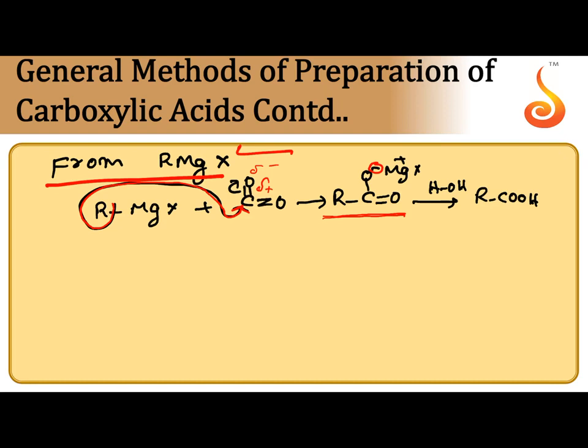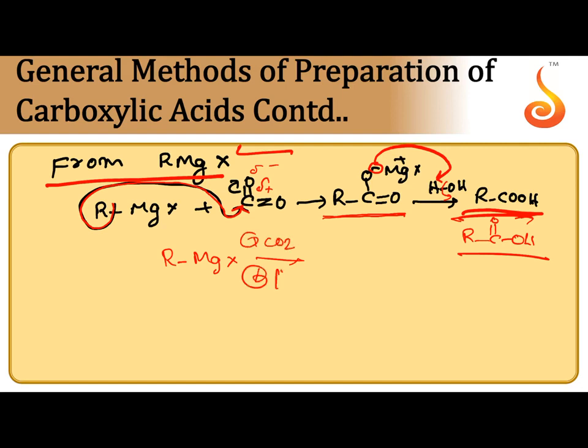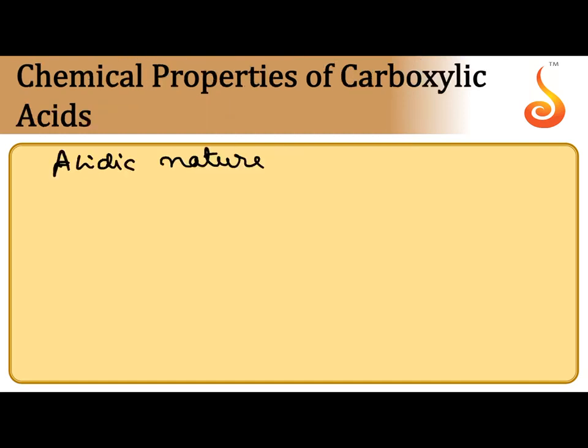Salt like addition product is obtained. That salt like addition product takes H plus in the next step, forming carboxylic acid. So there are two steps. RMgX reacts with CO2 in the first step. Next one, acidification. R part will become RCOOH.